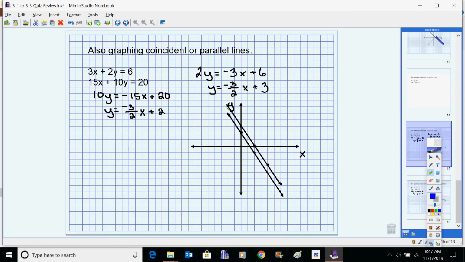So when you graph and find that they are parallel because they have the same slope, how many solutions would there be for that one? Actually, this one has no solutions. Parallel lines have no solutions. If it's parallel, you'd have to say no solution. And if it were coincident, you would say infinite solutions, yes.